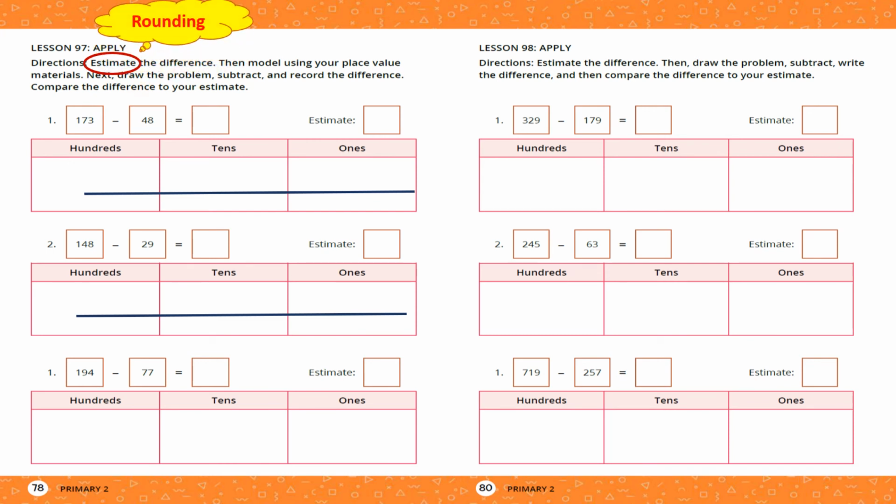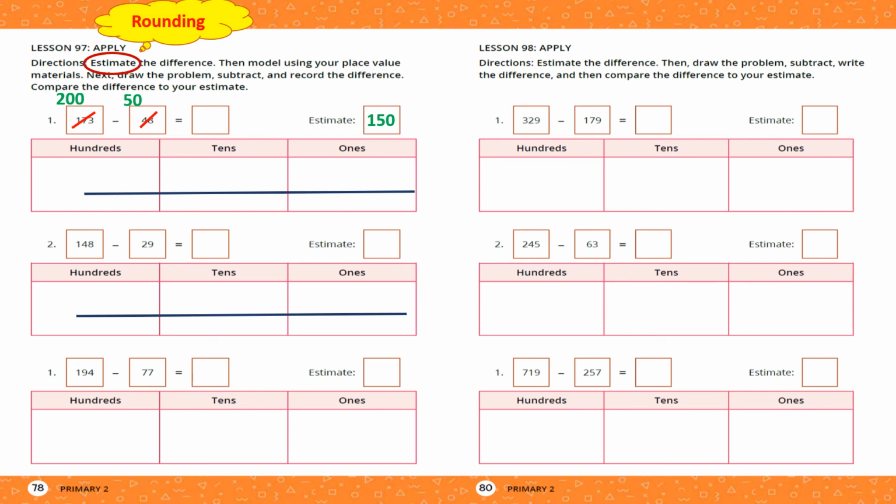In the first question, if we estimate 173 using rounding, it will be 200. If we estimate 48 using rounding, it becomes 50. Now, 200 minus 50 equals what? 200 minus 50 equals 150. This is the estimated result.